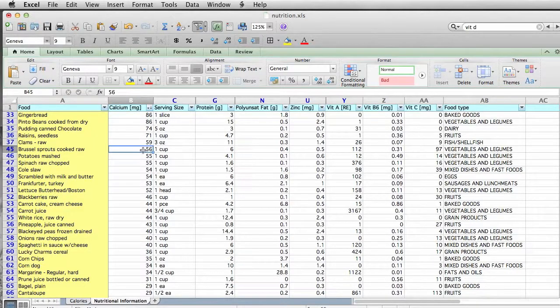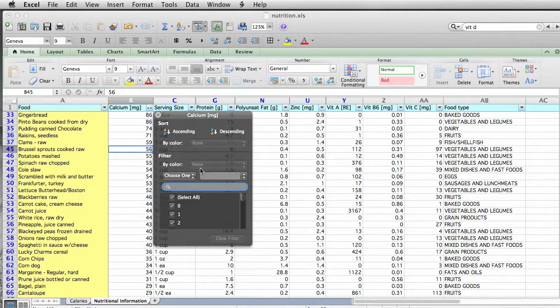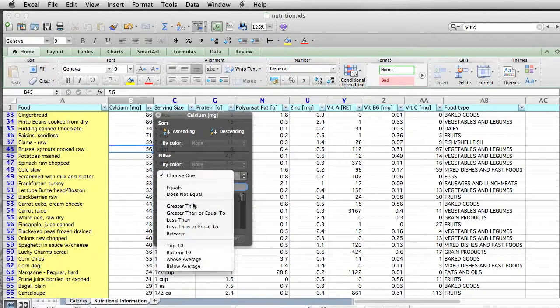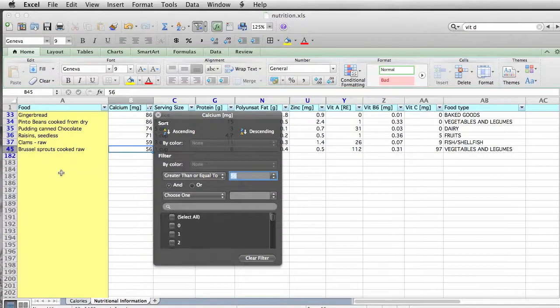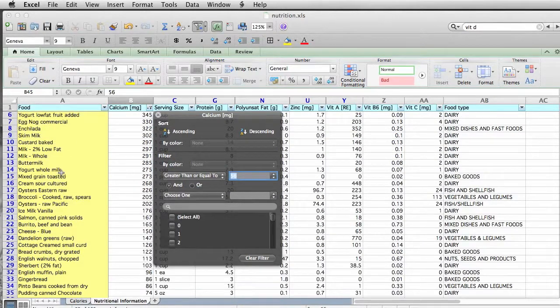We're going to say anything higher than that is a food that we should consider. So we click on our search here and choose anything greater than or equal to 56. And now we have just those foods which are greater than or equal to 56.